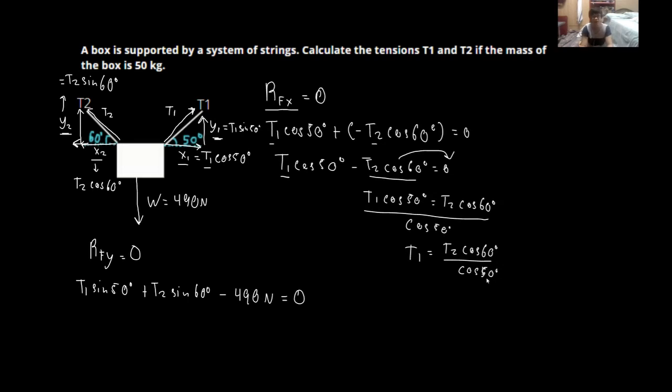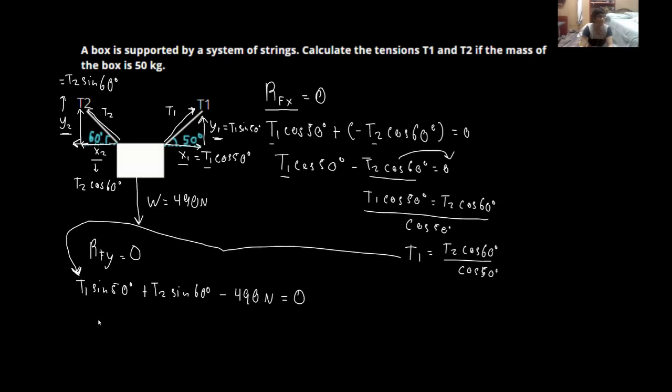So, T1 is equals to T2 times cosine 60 degrees all over cosine 50 degrees. Ngayon, ang gagawin na lang natin is i-substitute natin si T1 dito.